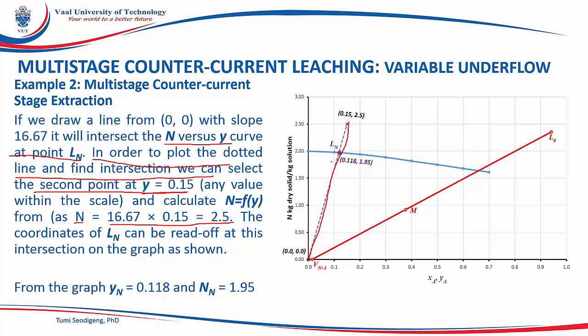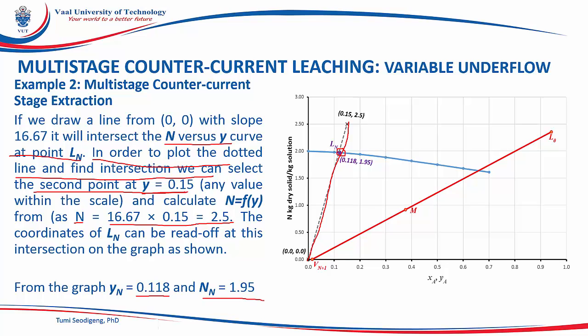to find our line. At the point where this line intersects with our equilibrium line lies our point Ln. So then we can read the coordinates from that, which we find to be 0.118 and 1.95. It's a little bit of a back and forth calculation.